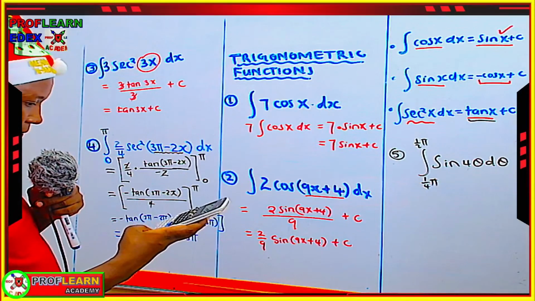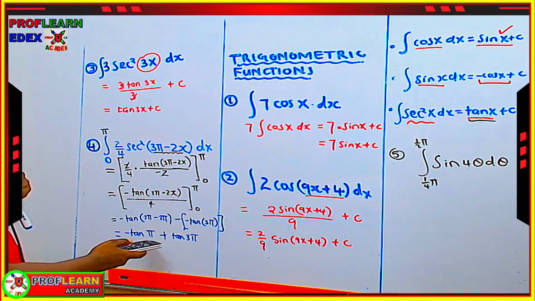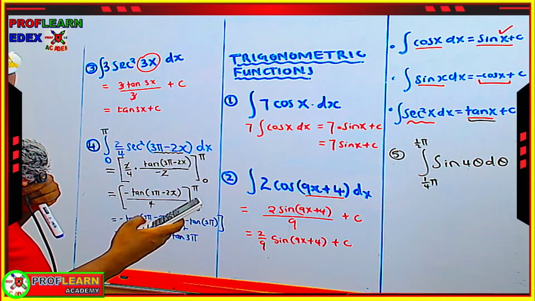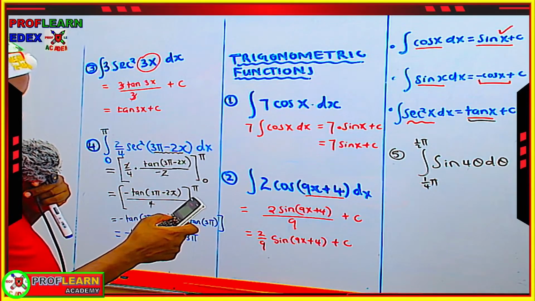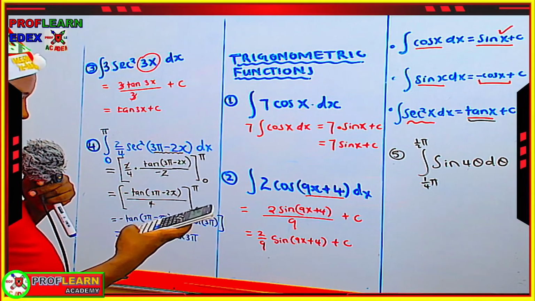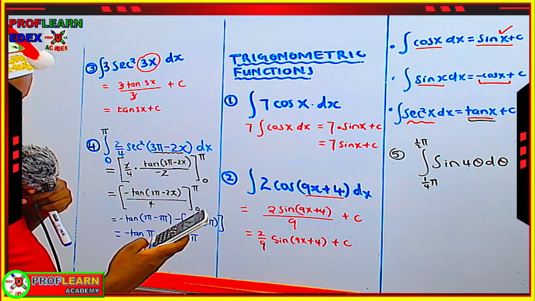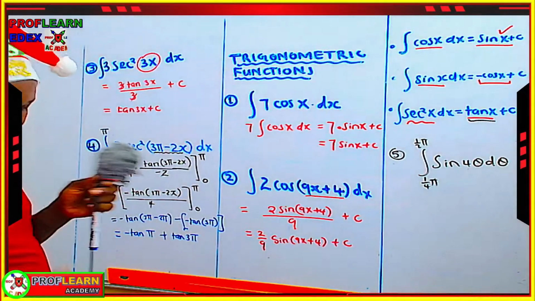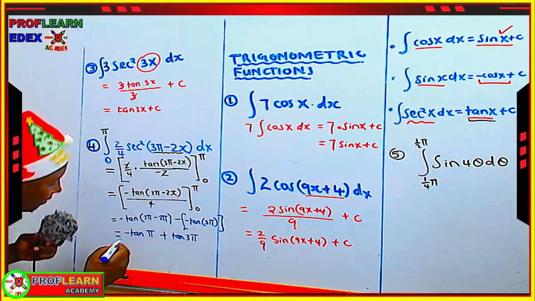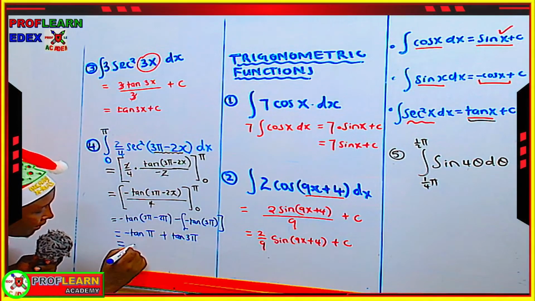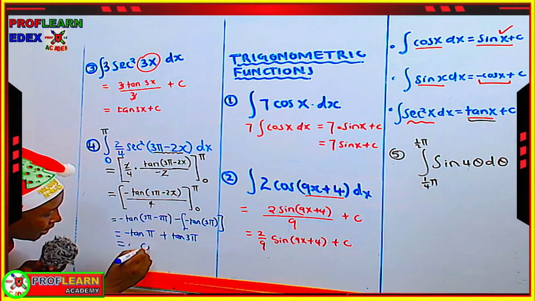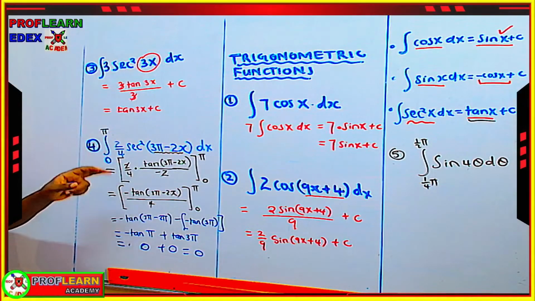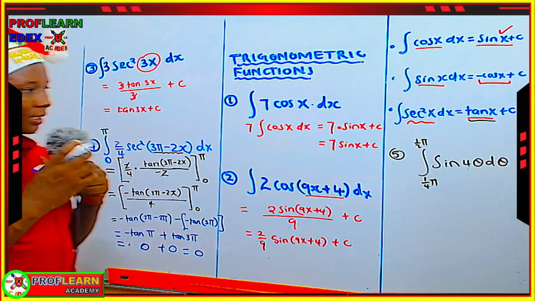Tan pi is basically 0, and tan 3 pi is also 0. So this term will be 0 and this term will be 0, and the answer for this case here is going to be 0.